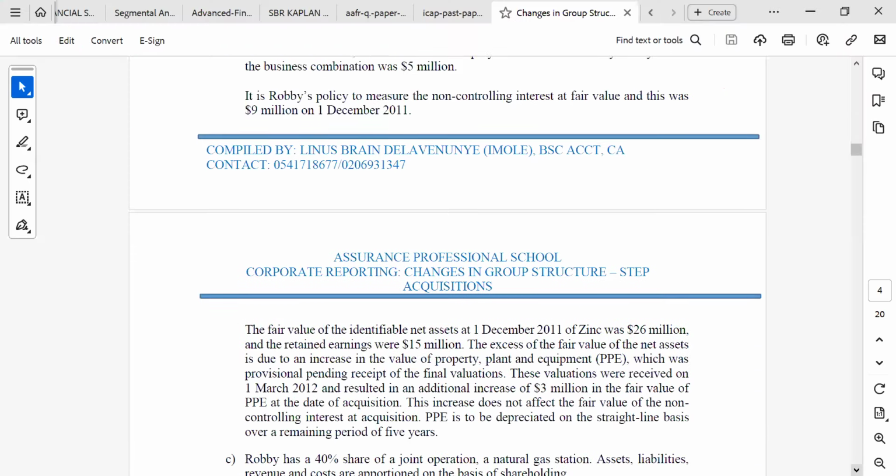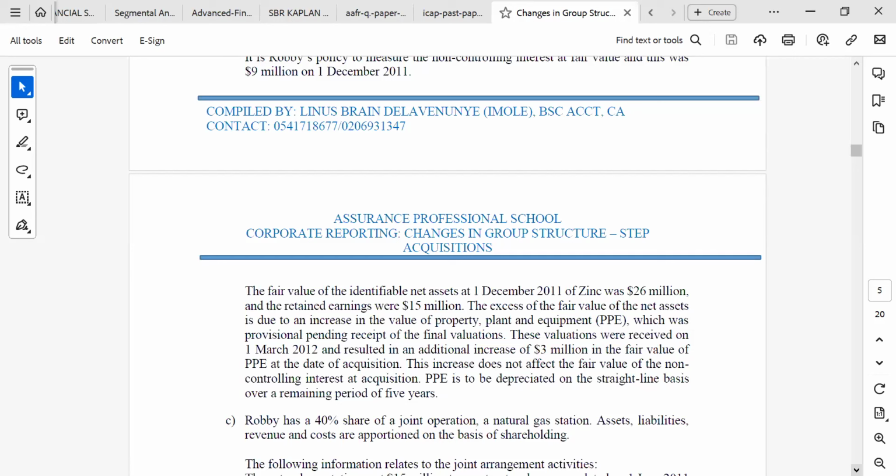The fair value of the identifiable net assets at the date of control, which is the 1st December 2011, of Zinc, was 26 million. And the retained earnings were what? 15 million. The excess of the fair value of the net assets is due to an increase in the value of property, plant, and equipment, which was provisional pending the receipt of the final valuations.